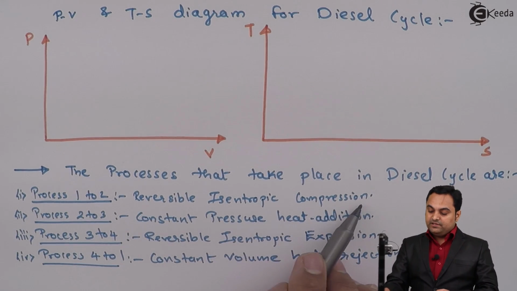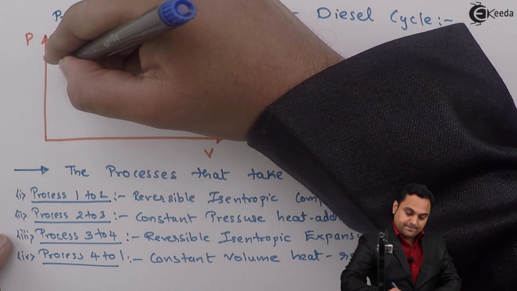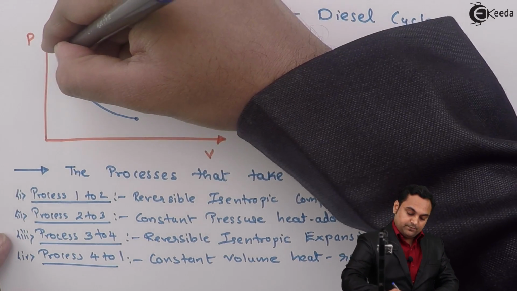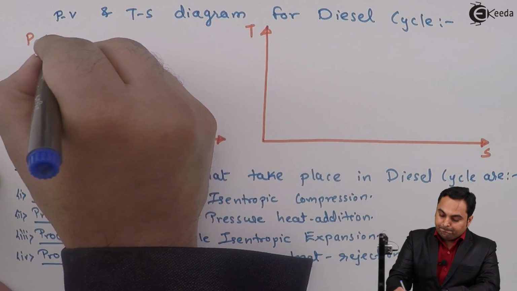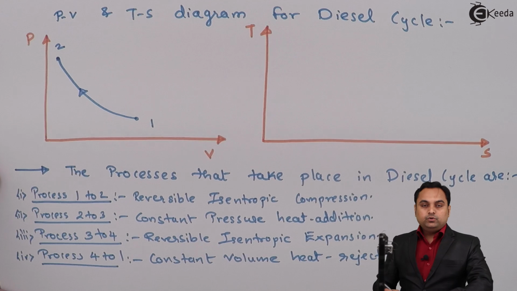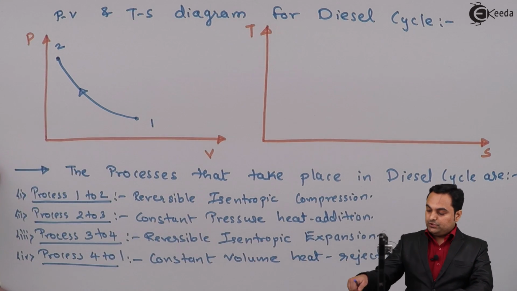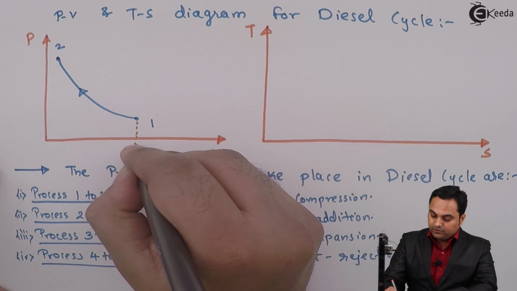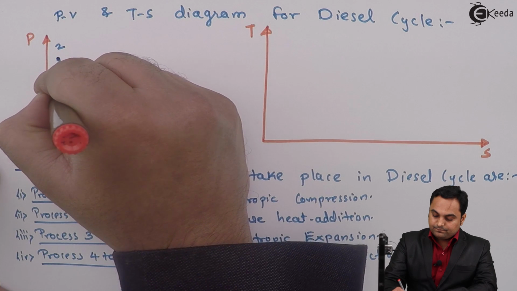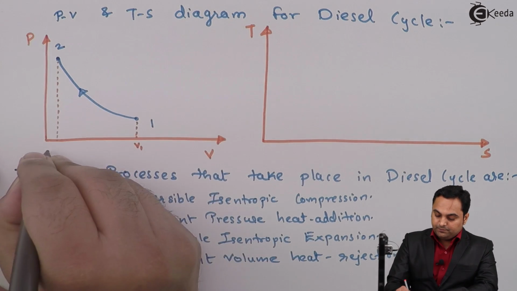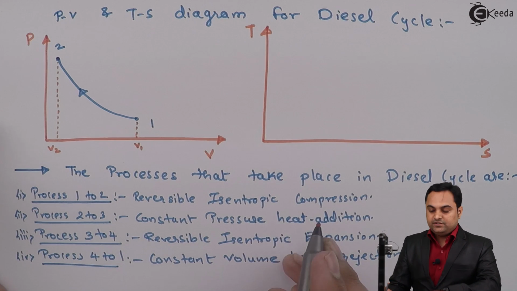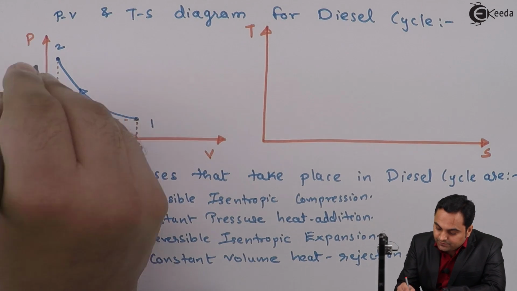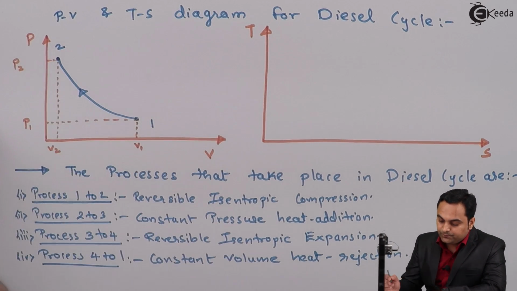Process 1 to 2 is reversible isentropic compression. So on PV diagram, it will be shown with the help of a curve. 1 to 2 is reversible isentropic compression, wherein we can see that the volume at point number 1 is V1, volume at point 2 is V2, so there is decrease in volume, but there is an increase in pressure from P1 to P2.